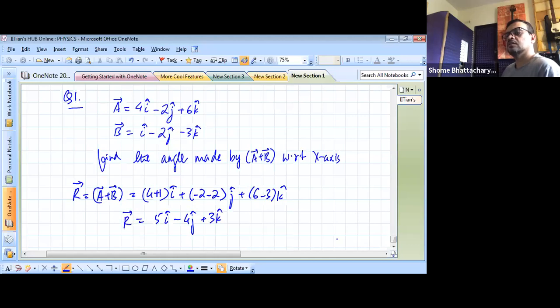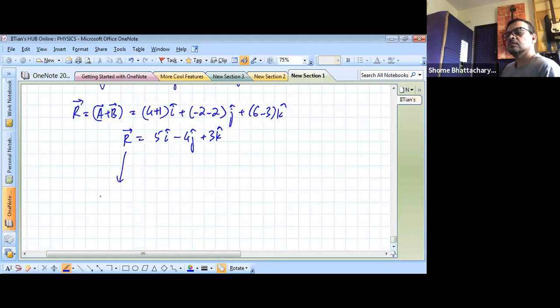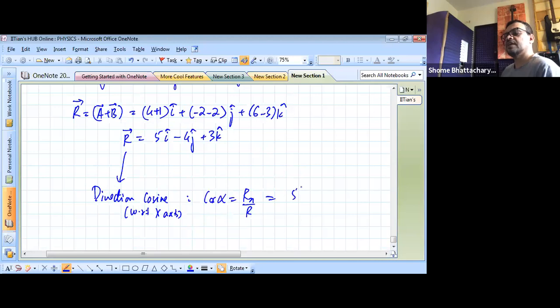This is the resultant. Now we can see that for this vector, the direction cosine with respect to the x-axis is given by the formula cos alpha is equal to x component divided by magnitude. So over here that is 5 divided by root of 5 square plus 4 square plus 3 square, which is nothing but 5 by root 50.